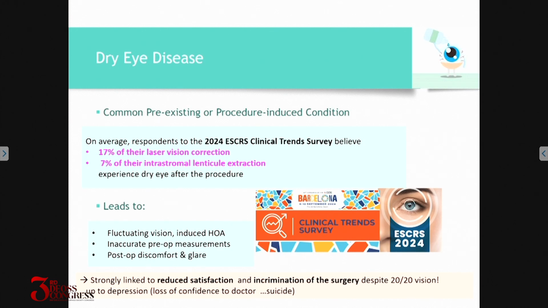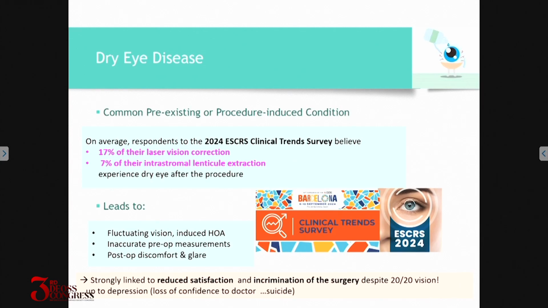So that leads again to this visual impairment, and we can again emphasize that the symptoms are sometimes not correlated with the visual impact, and the patient may express dissatisfaction and blame the surgery despite getting 20/20 vision.